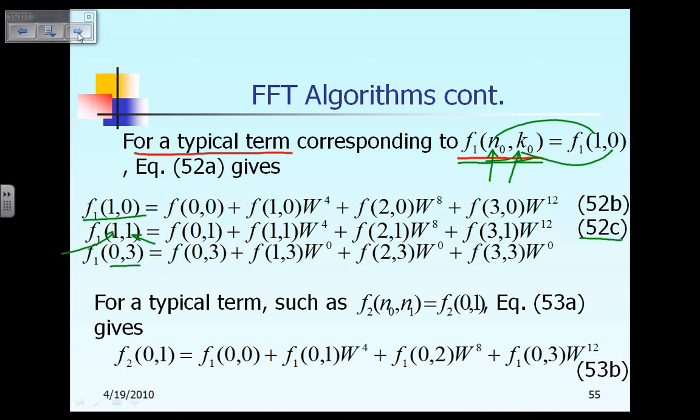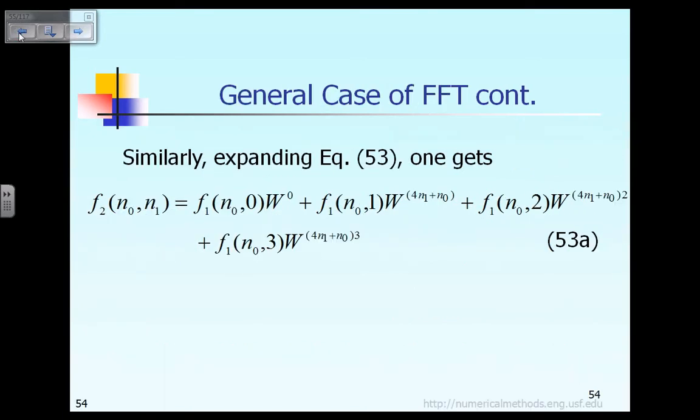Similarly, if you look at the intermediate vector f2, the formula for the intermediate vector f2 is given according to equation 53a, and depending on the specific values that you give for the pair of indices n0 and n1, you can evaluate the value of f2 corresponding to n0 and n1.